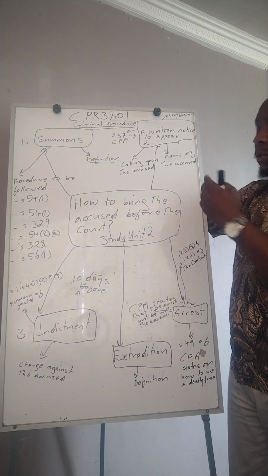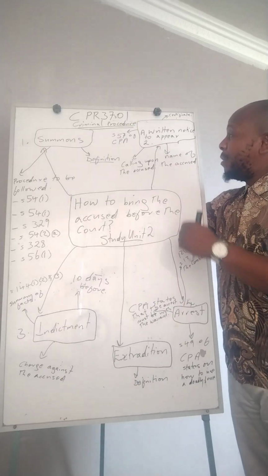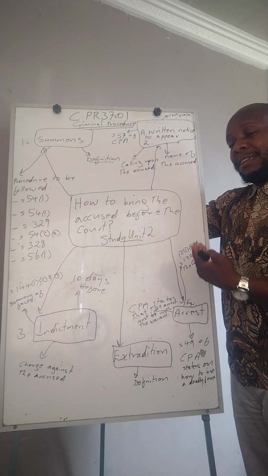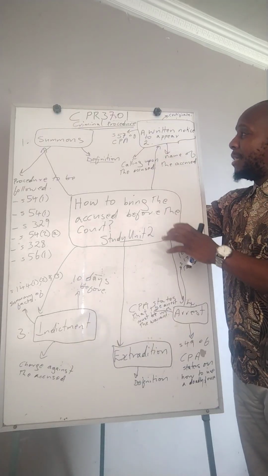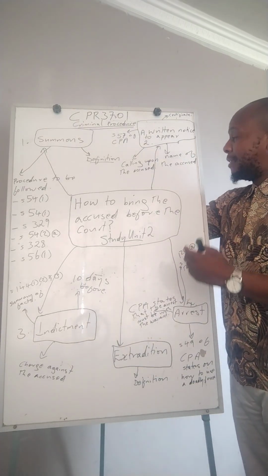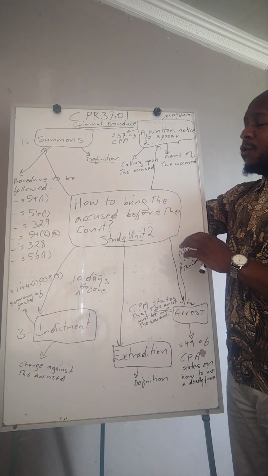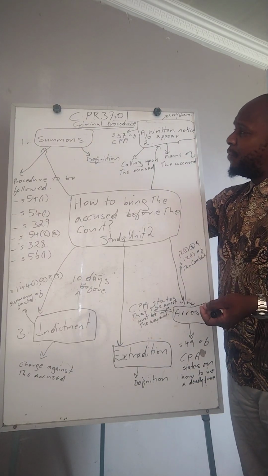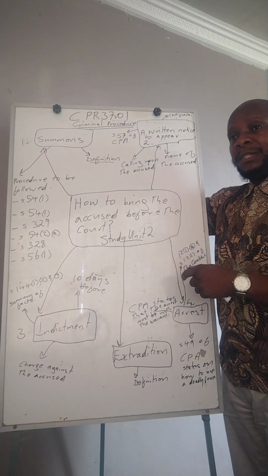And the notice is also showing the place where the peace officer has signed the original and left it with the accused. That shows that he has successfully delivered the notice.